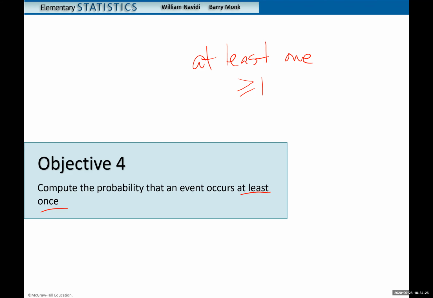Meaning the complement of at least 1 is less than 1, or probability of 0. Do you agree? Yes? So a number less than 1 is 0. Think about that, and we're going to need this to solve this type of problems.